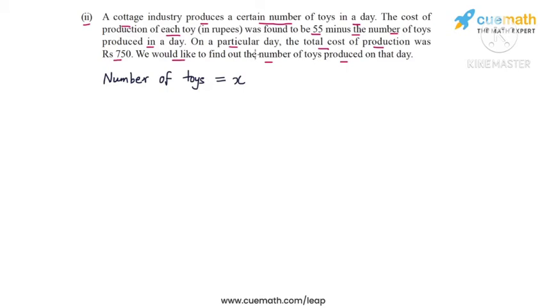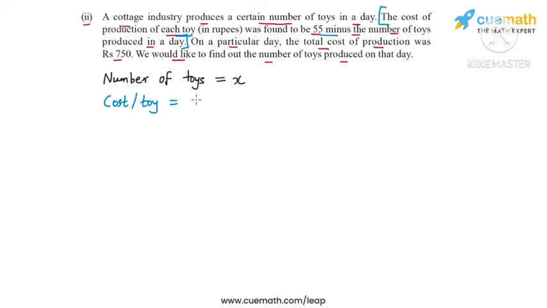So what information are we given in the problem statement? The problem statement says the cost of production of each toy was found to be 55 minus the number of toys produced in a day. So we can write the cost of production per toy. This will be equal to 55 minus the number of toys produced.